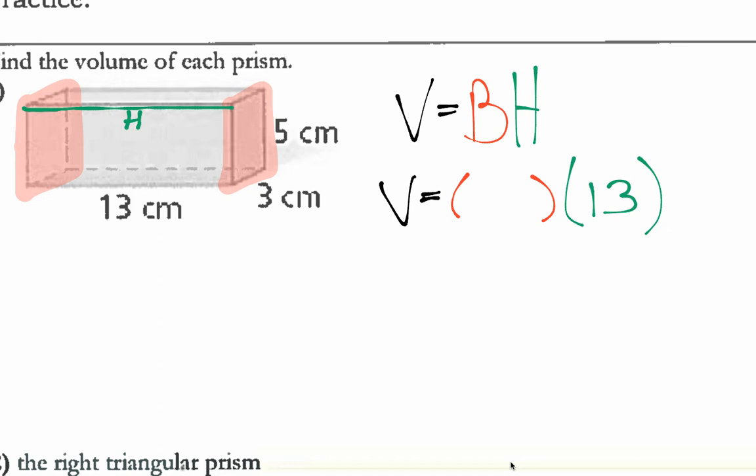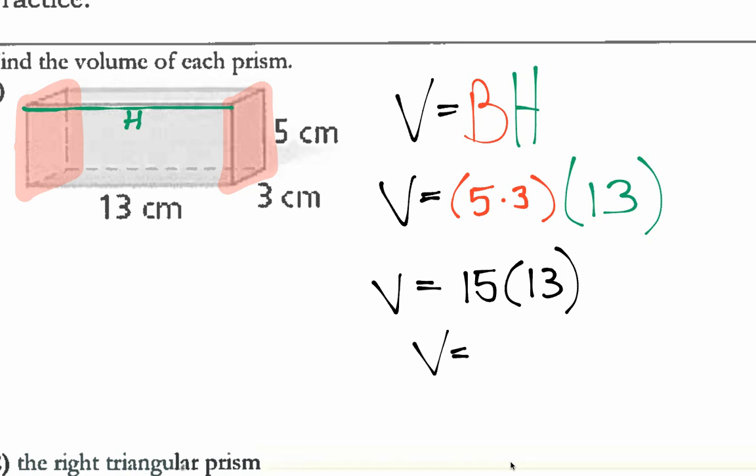B is length times width, which is 5 times 3. So volume equals 15 times 13, which is 195 centimeters cubed, because we're in 3 dimensions.